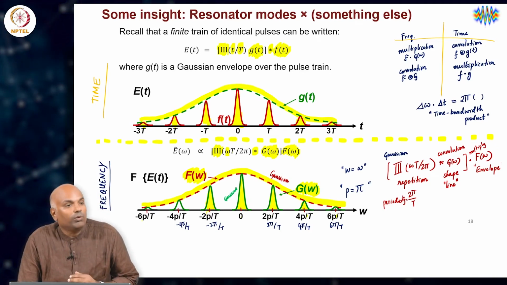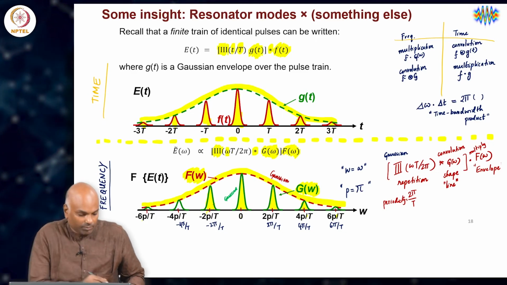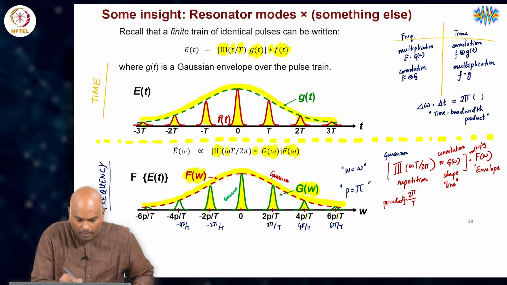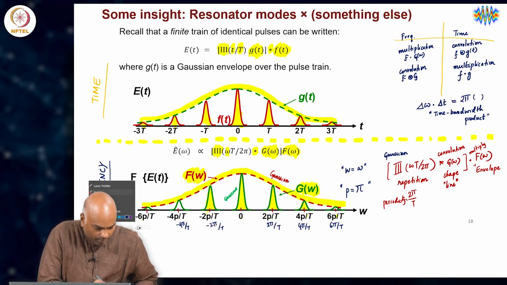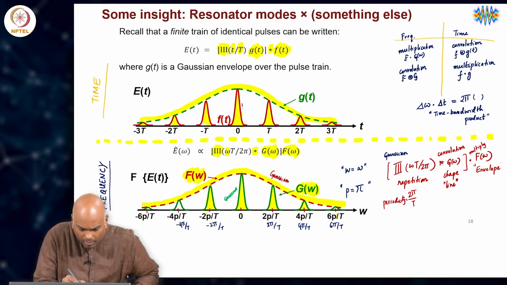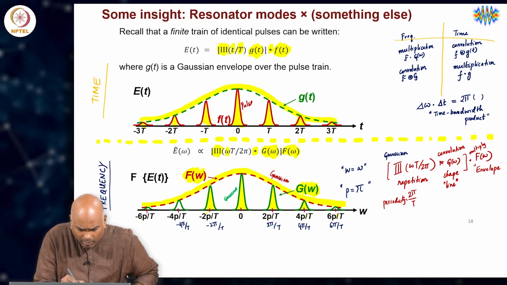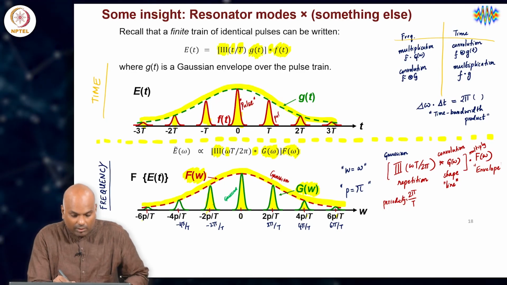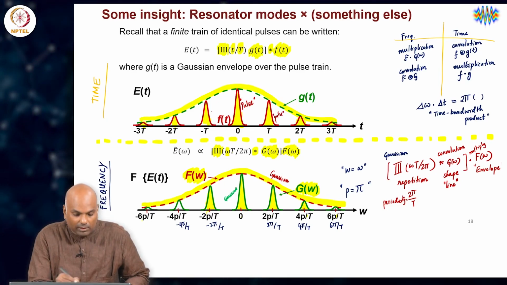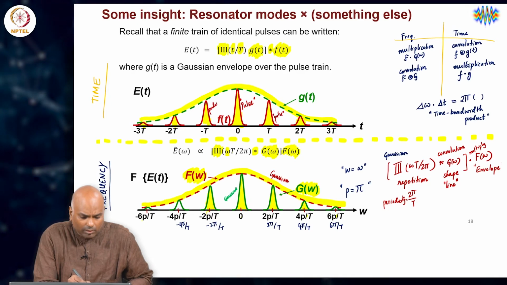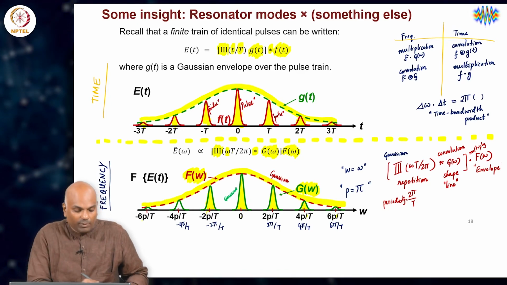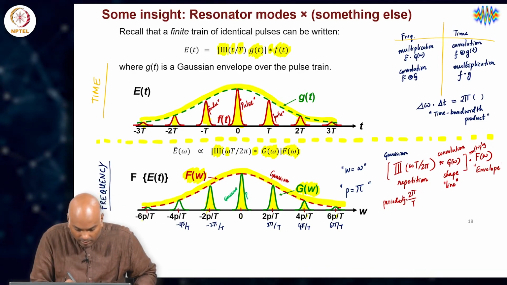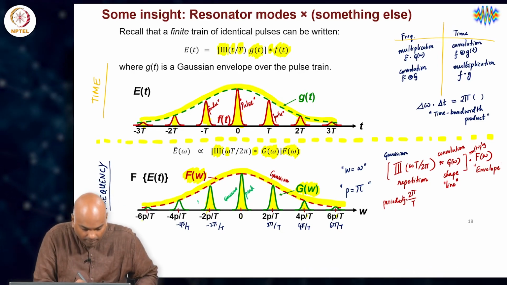Now, for the narrower features, let us use the word pulse. So, each of these is a pulse in the time domain. In the frequency domain, let us call each of these a peak.